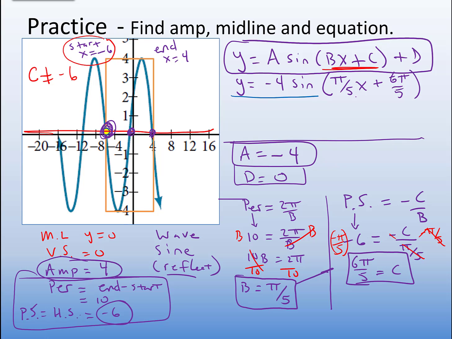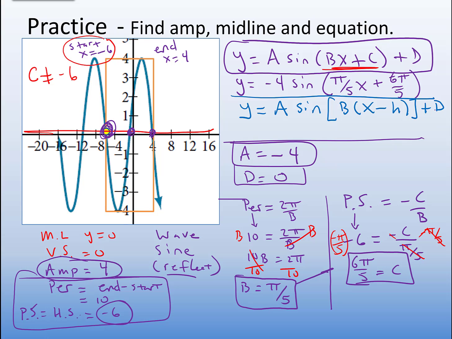Newton explains it. The factored form is going to be A sine of B times (x minus h) plus d, where d is the vertical shift, A is the same, so A, D are the same. The outside changes. B is actually the same too.